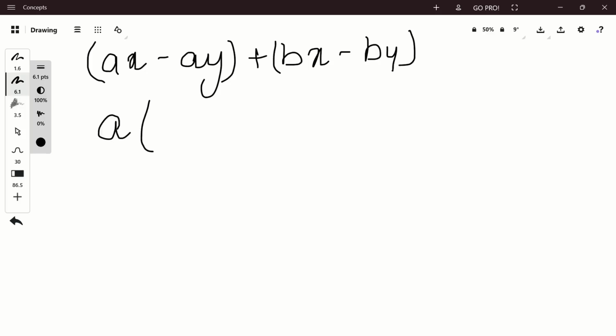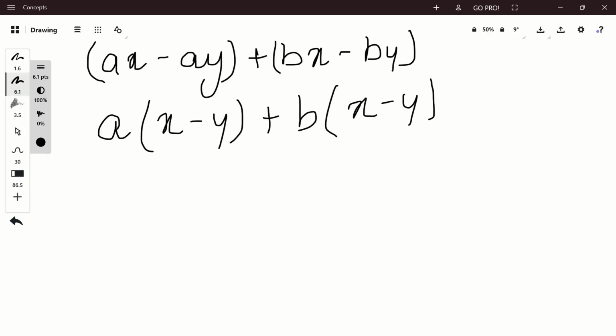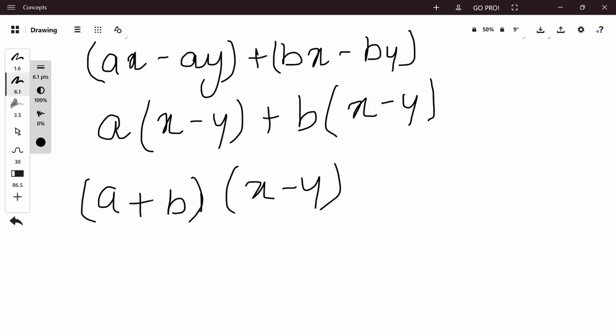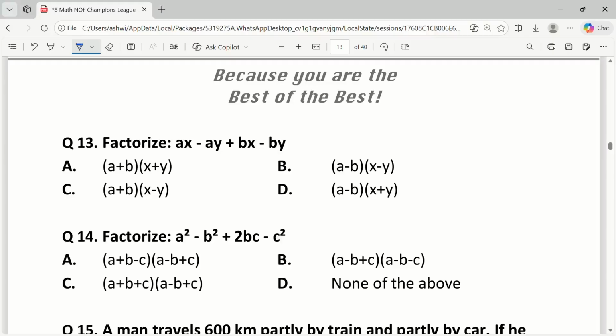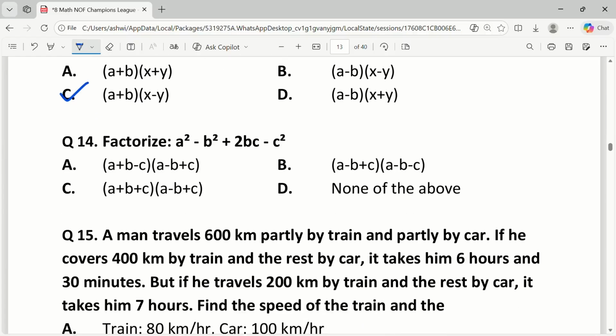Factoring out a, x minus y and b, x minus y. Now grouping the common binomial, we have a plus b, x minus y. Comparing with the options, the answer is C, a plus b, x minus y.